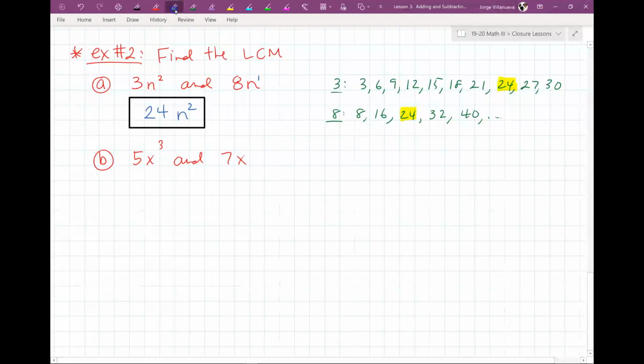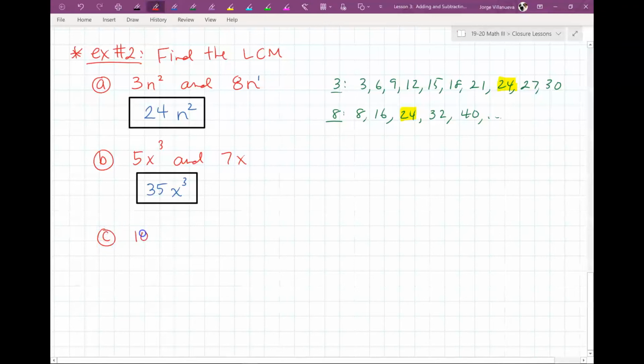If you start thinking about it, the first time these numbers ever meet up is going to be at 35. So that's my numerical least common multiple. Now for the variables, I notice they both have an x, so I'm going to write x, and the highest power I see is a 3, so there's my answer: 35x cubed. All right, so let's move on.